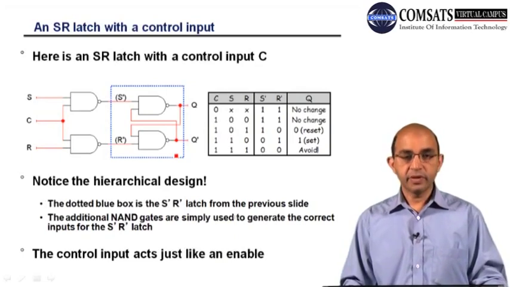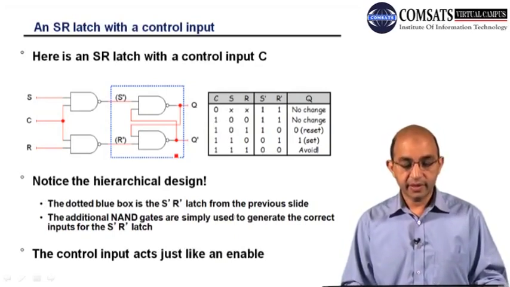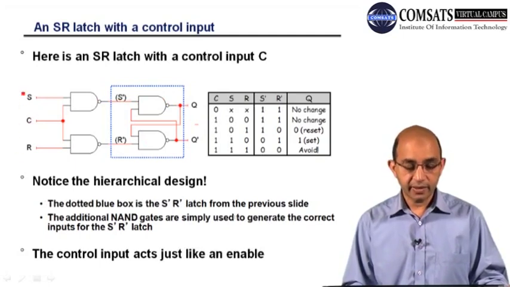So here let me introduce the SR latch with control input, because before we only talked about the SR latch, and there is no control. Here you can see that we have the SR. This is complement, this is again complement, and there is another circuitry.